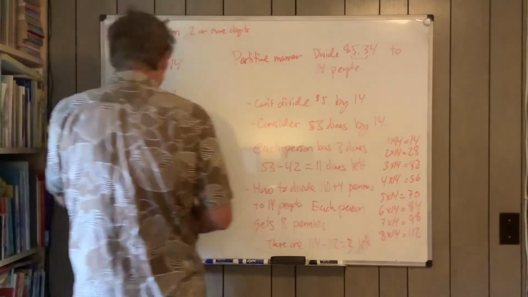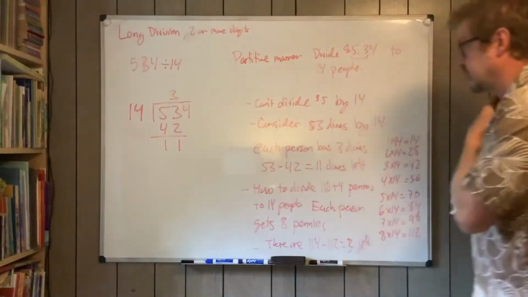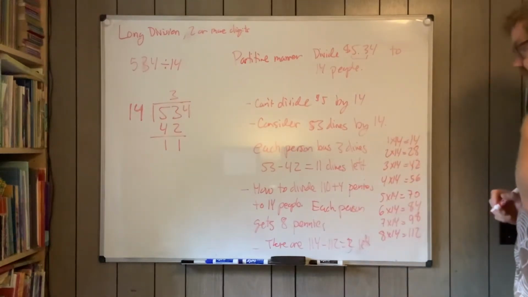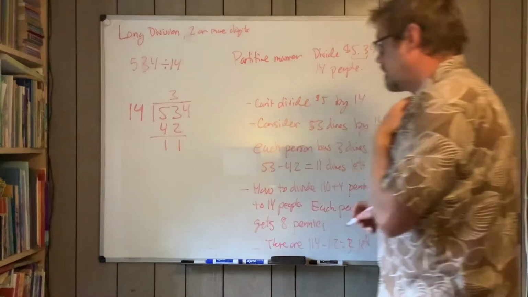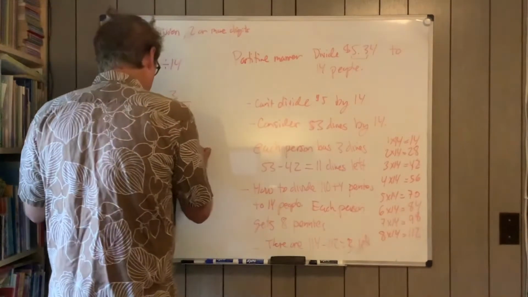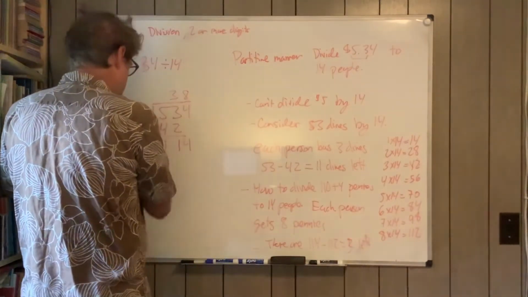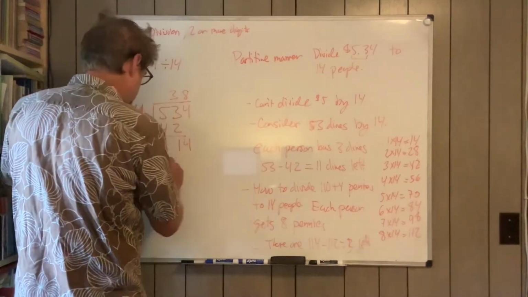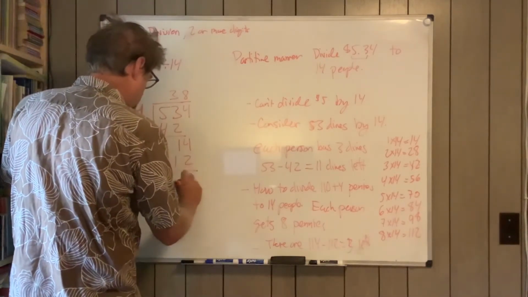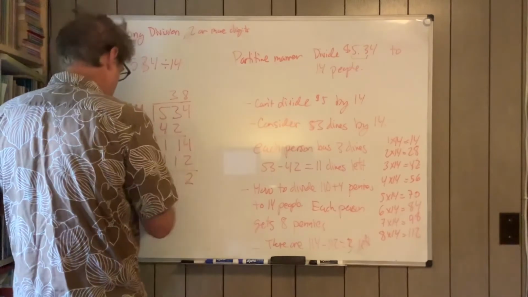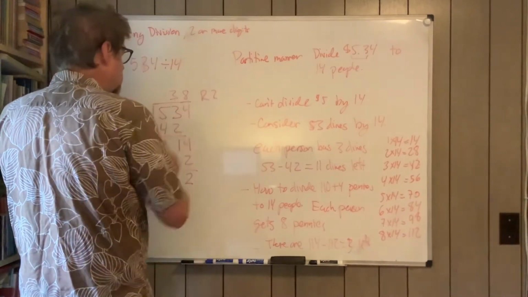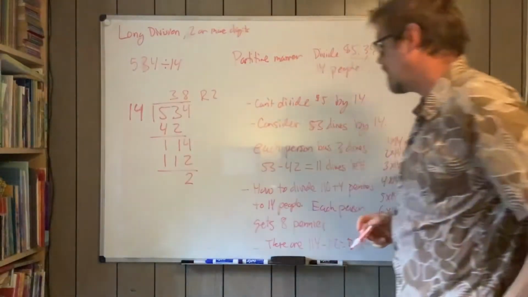And 11 is left over. I bring down the 4, and then again, we did 8, right? And we saw this was 112, and I get 2, right? So 38, remainder 2.